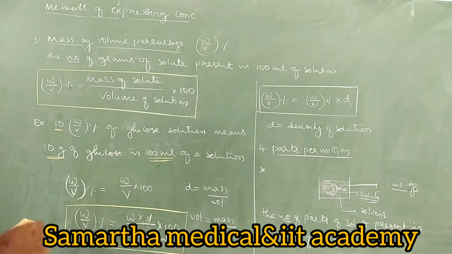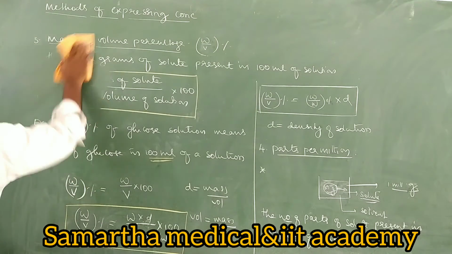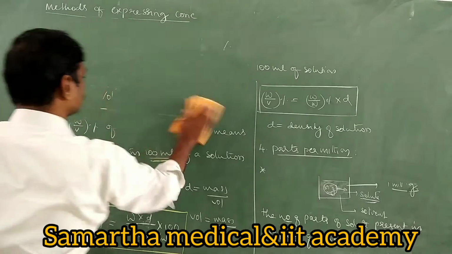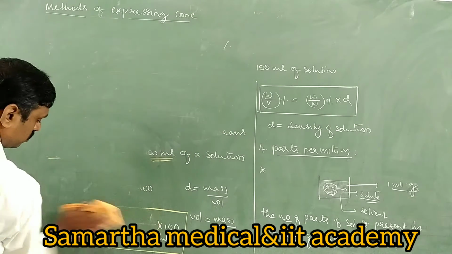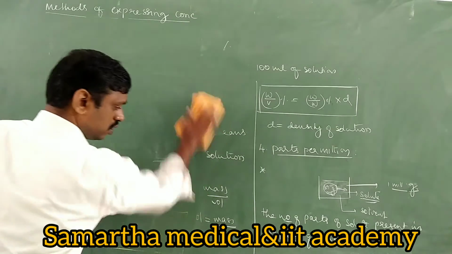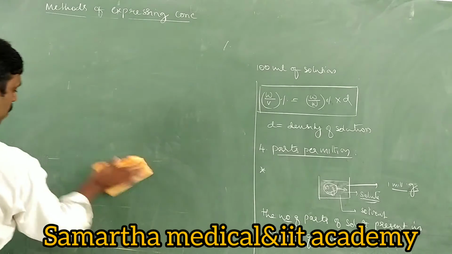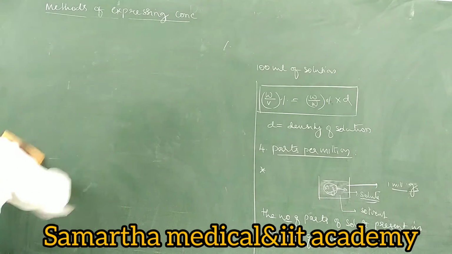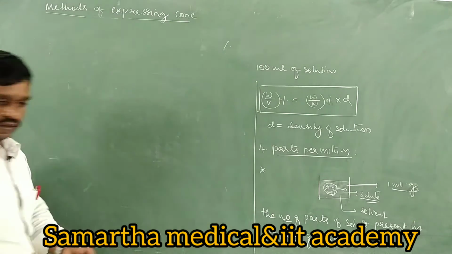Million is the biggest value. But parts per million values are always very small, because we are dividing from a large value to a smaller one.